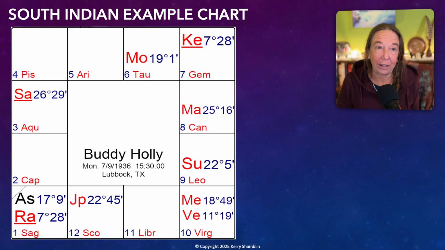So he has got K2 in the 7th. Mars ends up in the 8th house in the sign of Cancer. The Sun sits in the sign of Leo in the 9th house. That's really strong. That's really strong for Buddy Holly. That's probably why he was a shooting star.